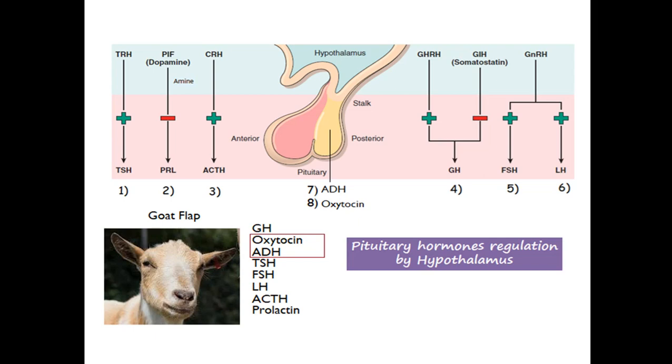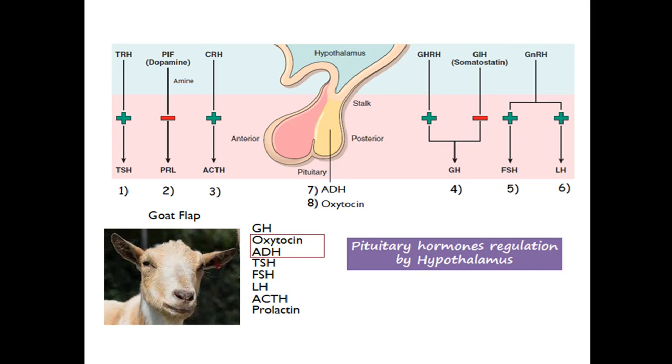For prolactin, the inhibitory factor is dopamine, the prolactin inhibitory factor, and it is secreted throughout, but it is only during breastfeeding that the secretion of dopamine is inhibited, which allows prolactin from the anterior pituitary to be secreted for the synthesis and secretion of milk for the newborn baby.